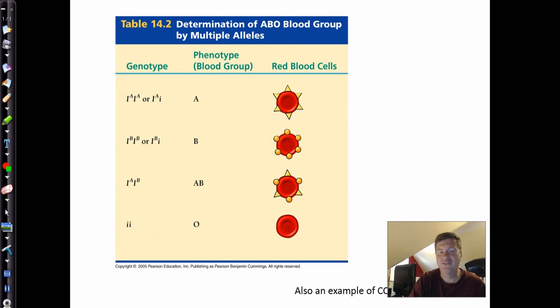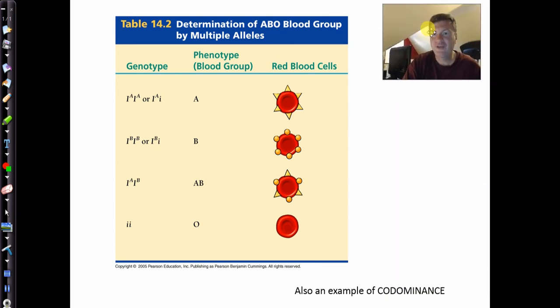For example, in this case, we have 4 different phenotypes, and notice also we have an example of codominance, because if you have A and B together, then you have its own phenotype.